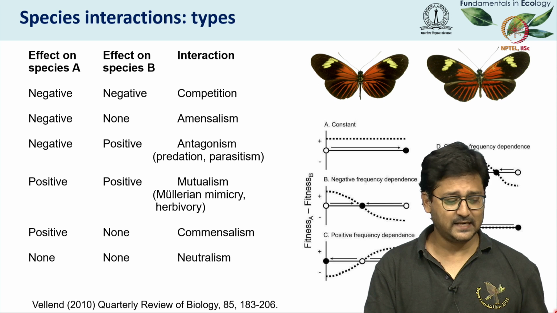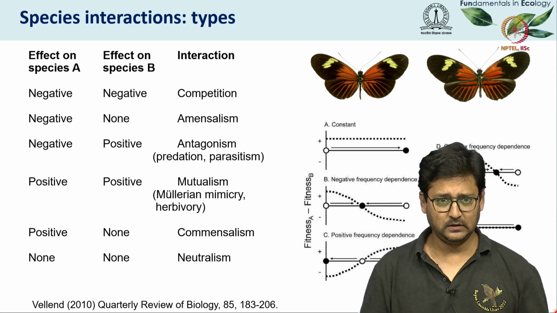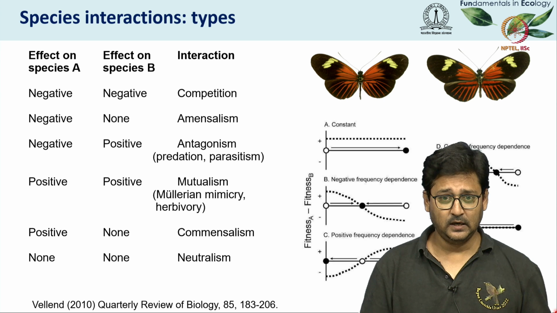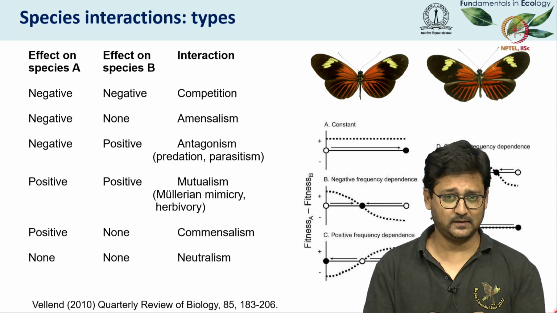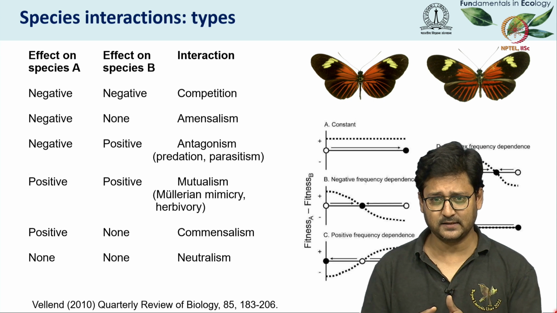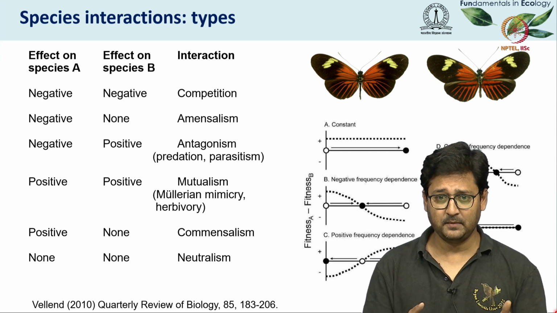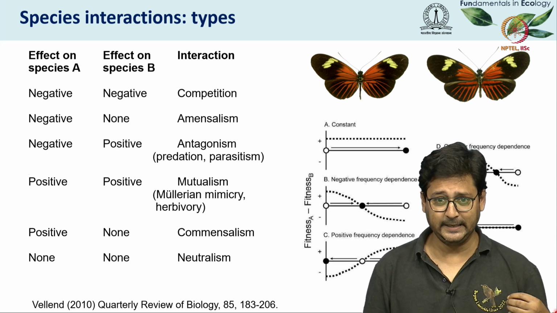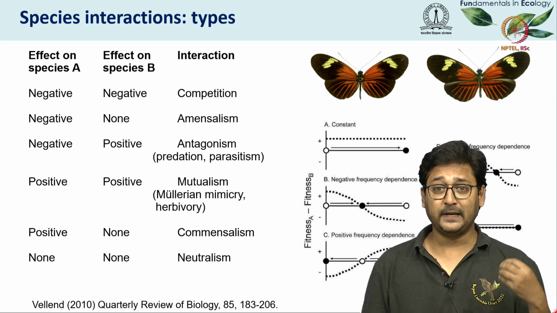When one species has a negative impact on the other, and the other species has a positive impact on the first, that is an example of an antagonism. Examples of antagonisms are predation and parasitism. So the malarial parasite, by colonizing a host, is actually gaining a benefit, right? It's gaining the ability to reproduce, but it's harming the host.